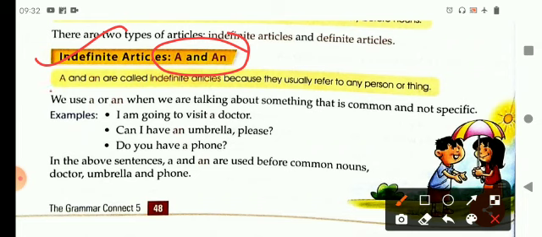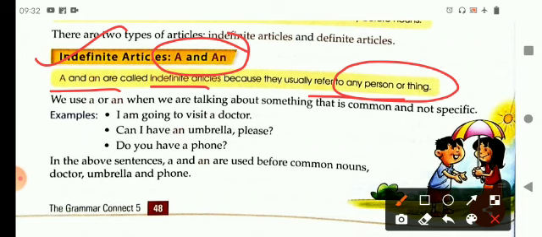A and an are called indefinite articles because they usually refer to any person or thing. We use a or an when we are talking about something that is common, not specific. We use it with common nouns, not with specific things or a specific person or place. For example, I am going to visit a doctor.